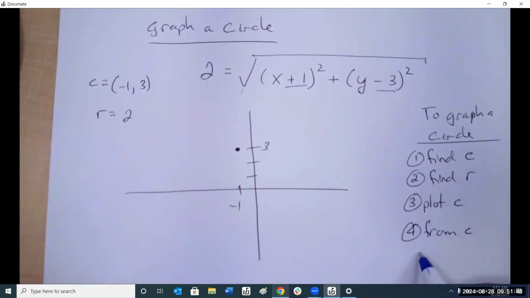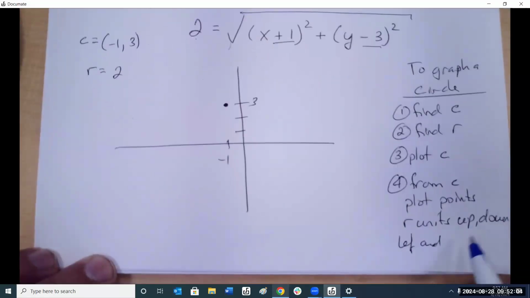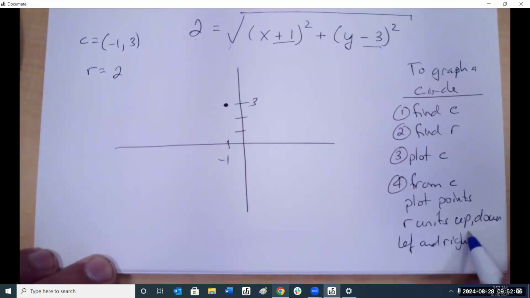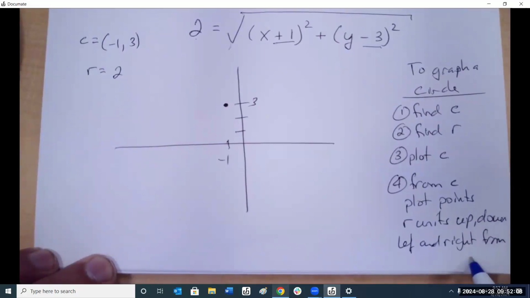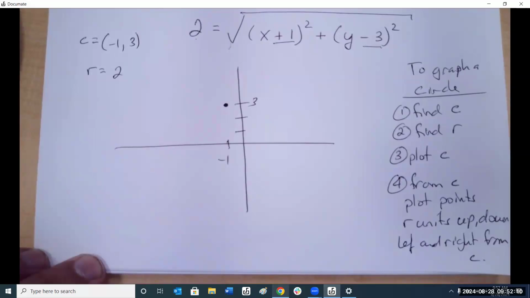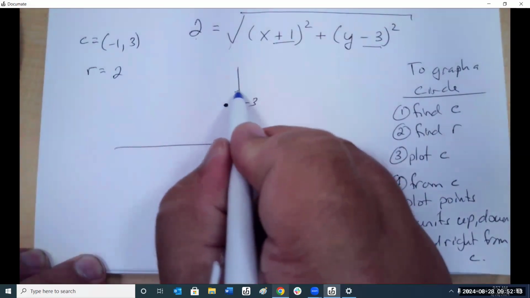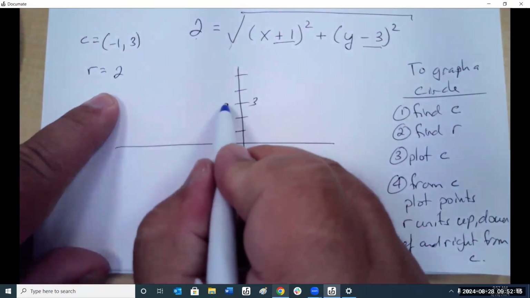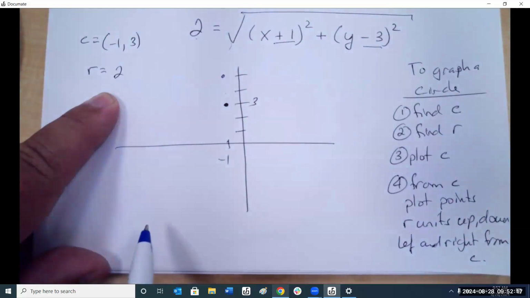From C, plot points units up, down, left, and right from C. So from that point, my radius is 2, so I go up 2, put a dot there.